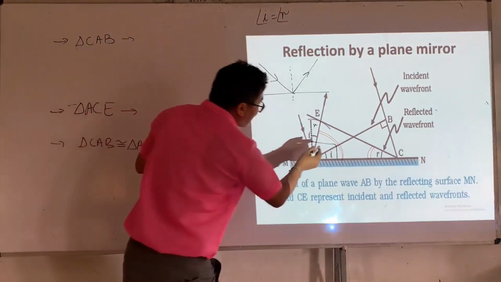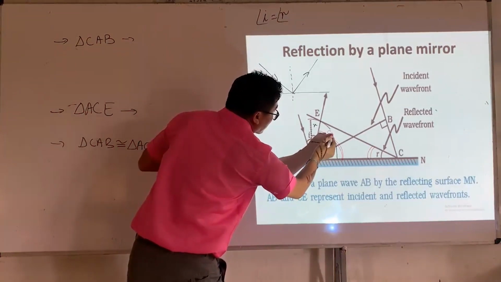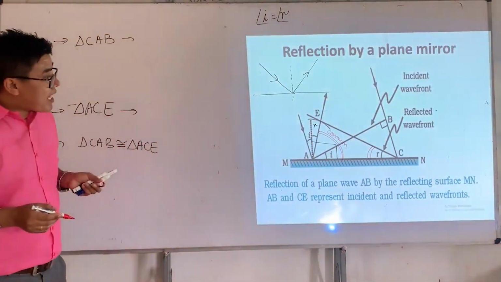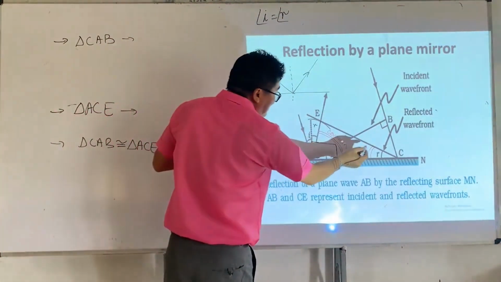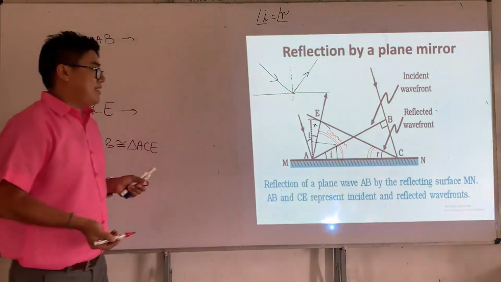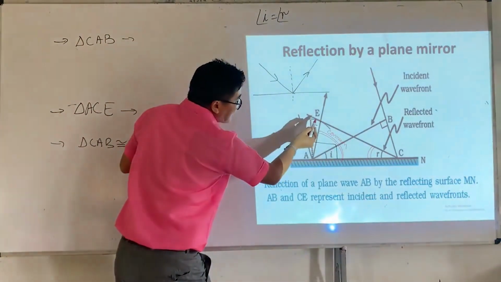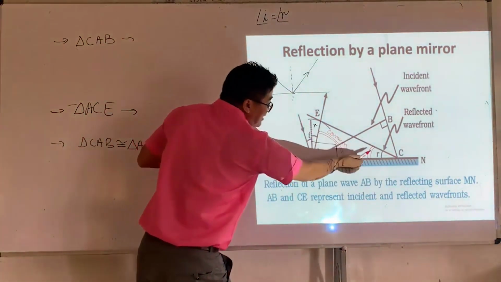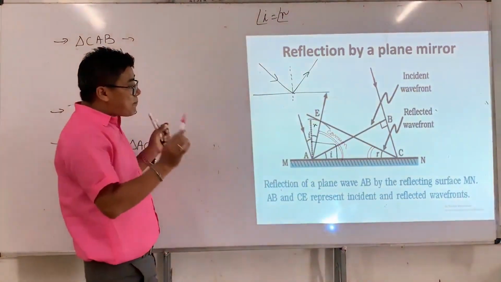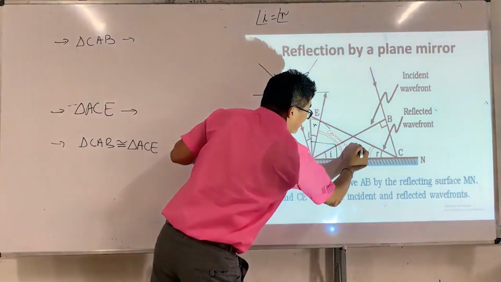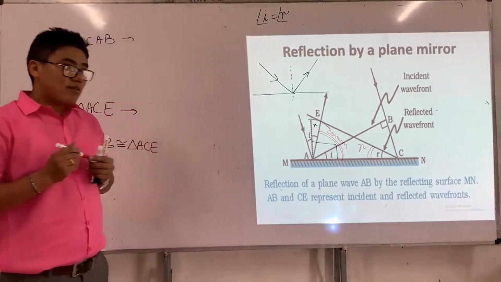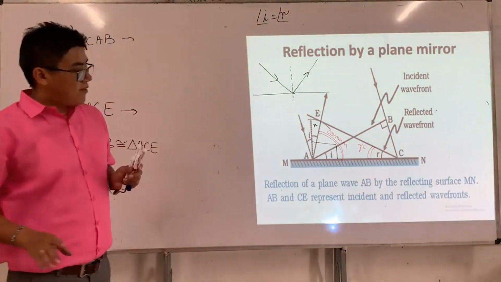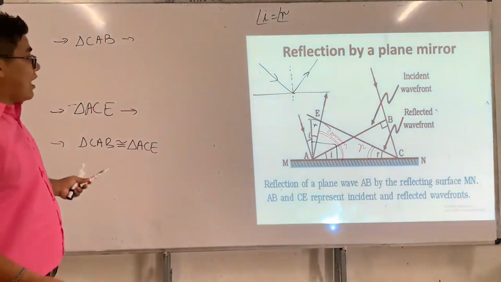So since this angle is common, this common angle plus this must be equal to 90 degrees. This common angle plus R is 90 degrees, and this common angle plus that angle is 90 degrees, which implies that this angle must be equal to R. So this is what I have done.